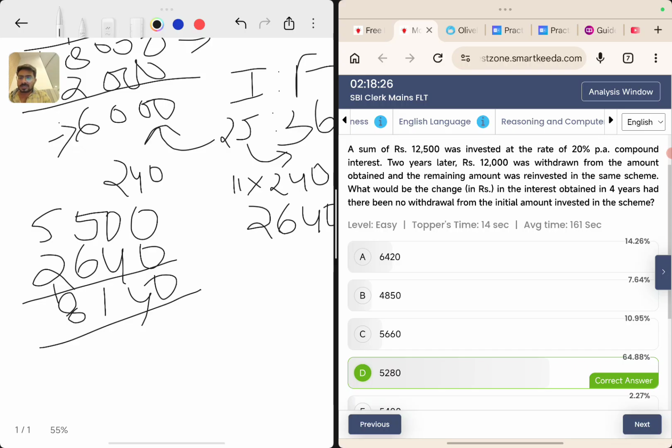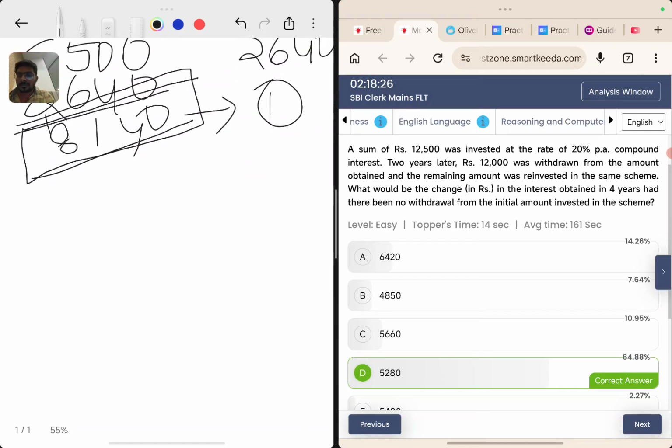So this is the first interest for 4 years when he withdrew some money from the amount which he got after 2 years. So let me go down.